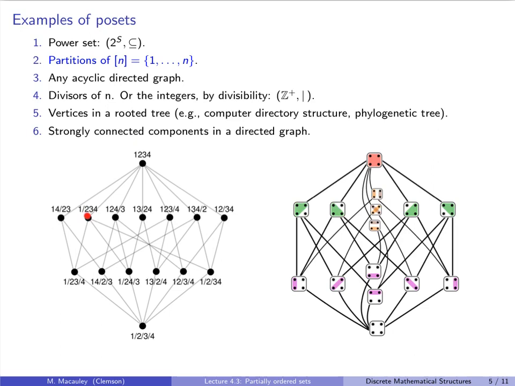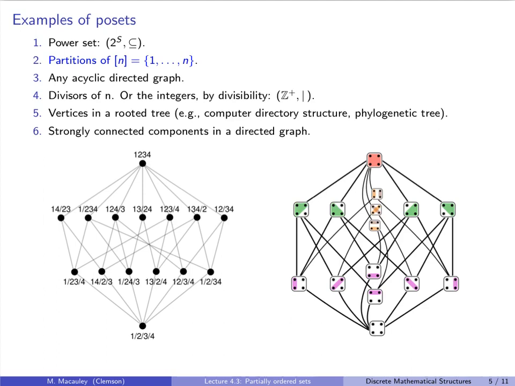For example, if I take 2, 3, 4 and I chop it up into a 2, 3, and a 4, I get a partition that is below it or less than it. I could also chop 2, 3, 4 into 2, 4, and 3, or into 2 and 3, 4, or I could fully chop it up into 1, 2, 3, 4 down here.